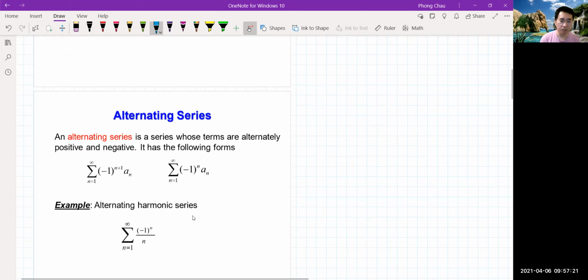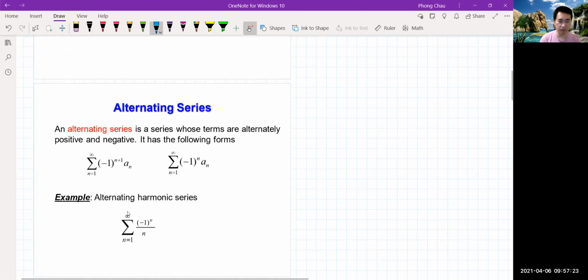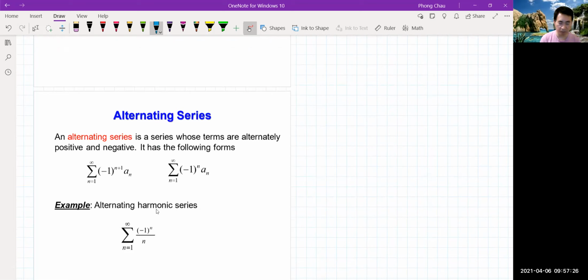If you look at the series right here, we call it the alternating harmonic series: the sum of negative 1 to the n over n. Does the series converge or diverge? Again, if you write out the terms, just to get a feel for what they look like, that's negative 1 to the n over n, from 1 to infinity.